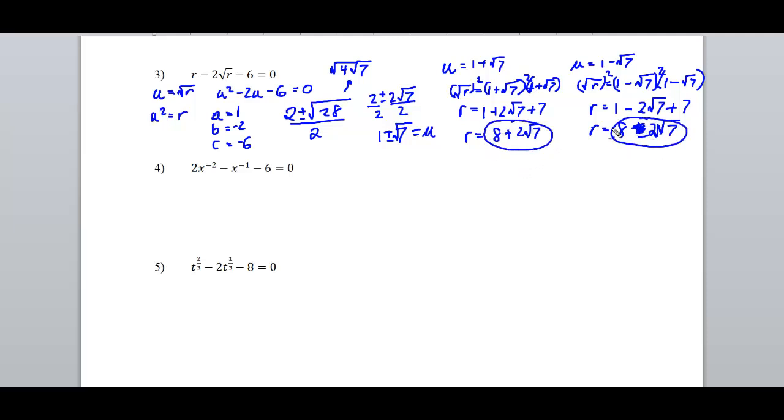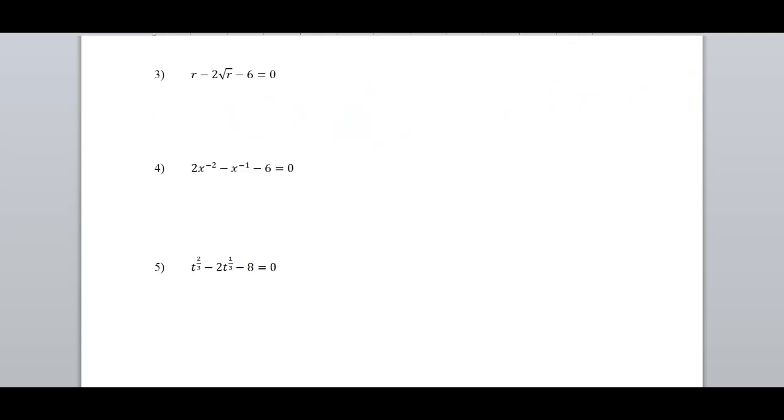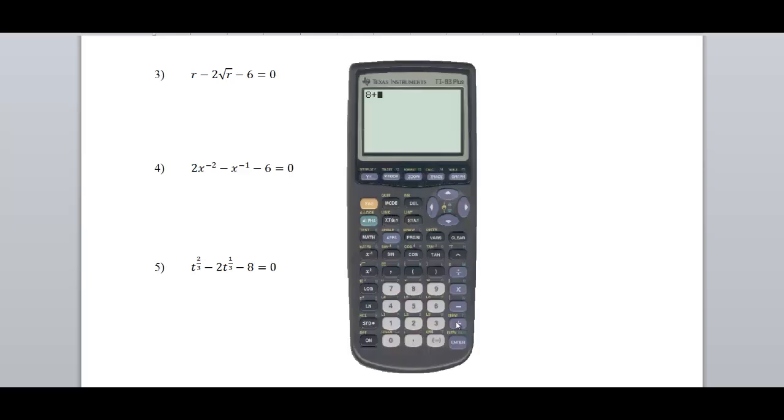But the question is, do both of these work? Does one of them work? And this is where testing them on the calculator is going to be a little tricky. 8 plus 2 square roots of 7. It's best doing this in parts here. So I'm going to plug that in for this first r and get an answer for that.